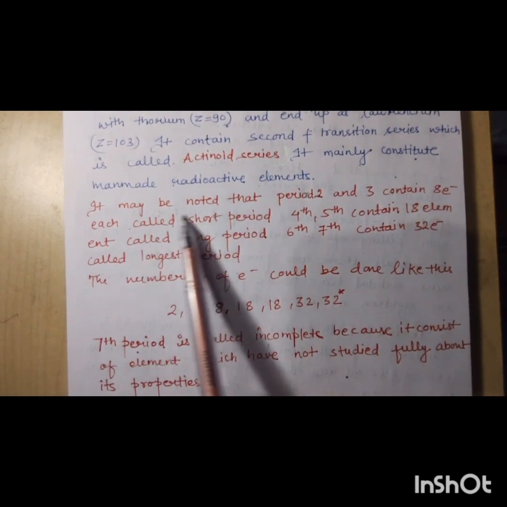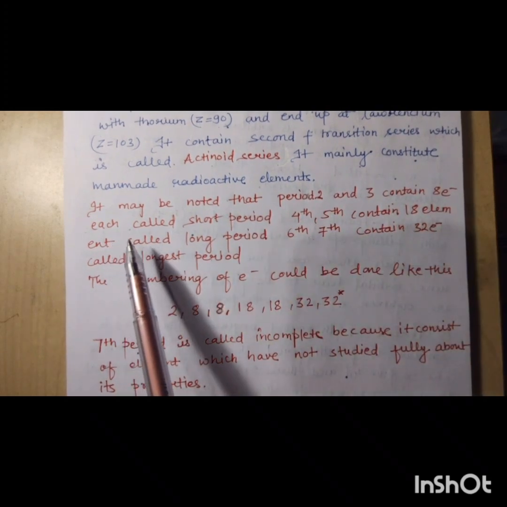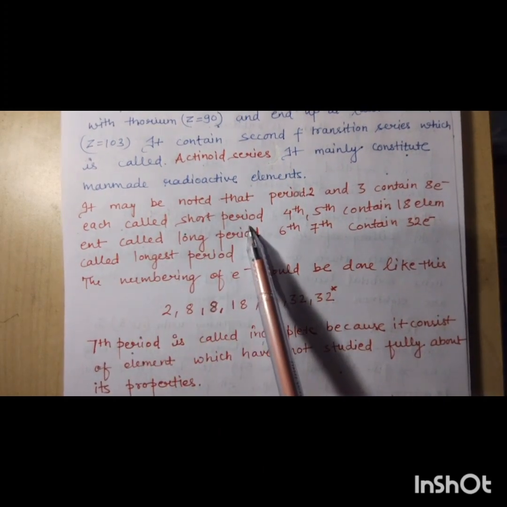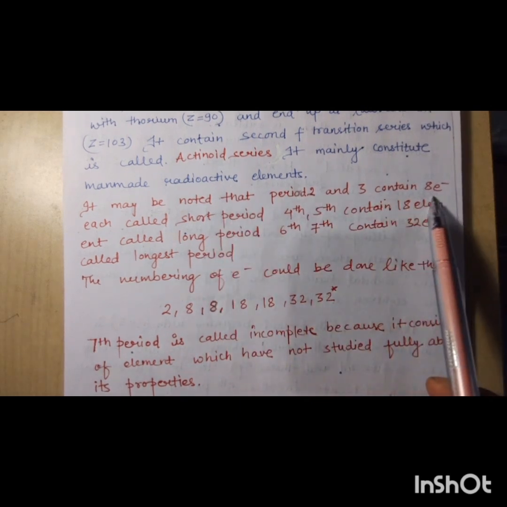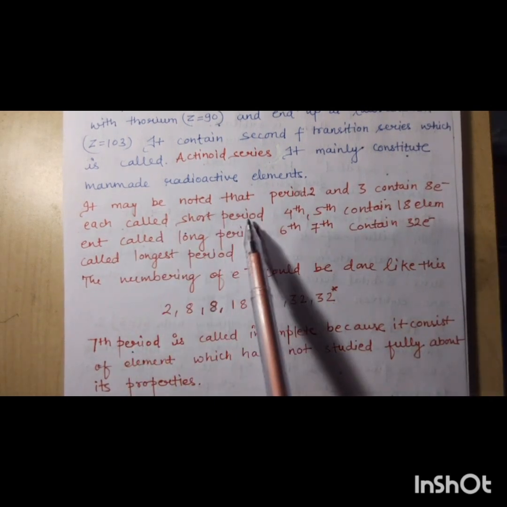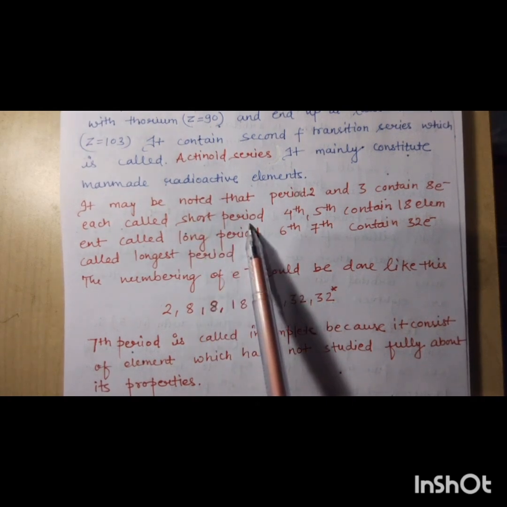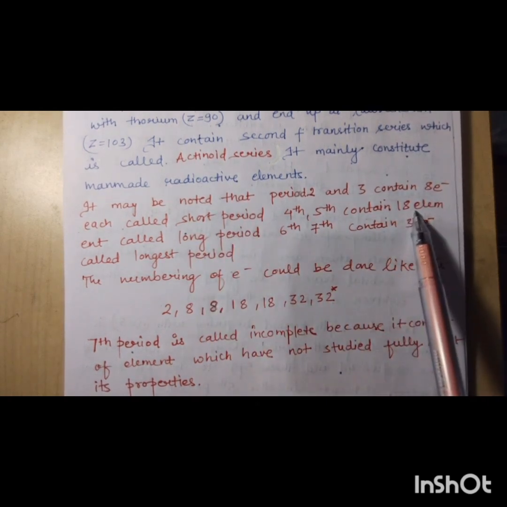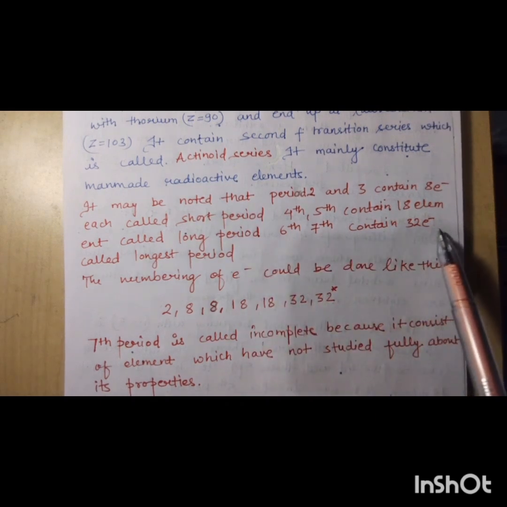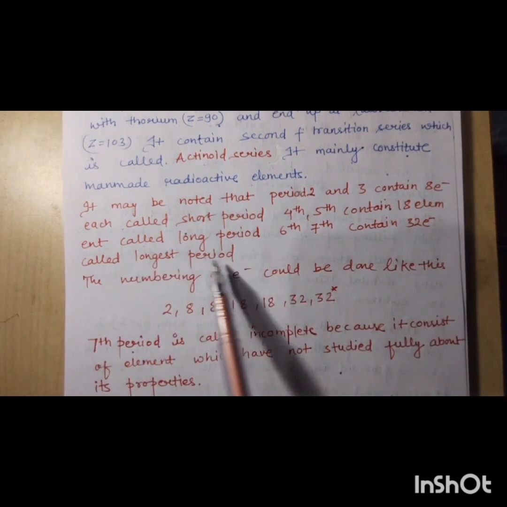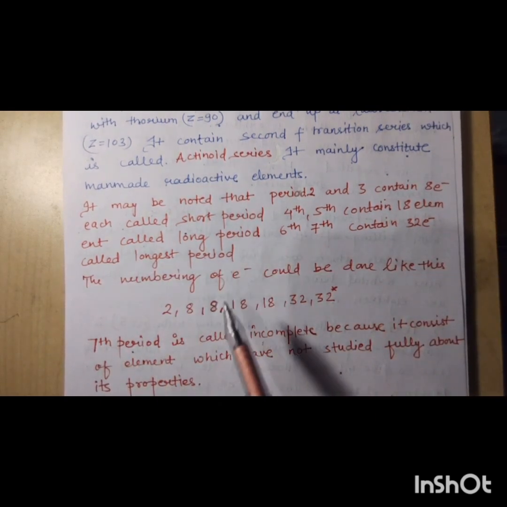It may be noted that periods 2 and 3 contain 8 electrons, called short periods. The 4th and 5th contain 18 electrons, called long periods, and the 6th and 7th contain 32 electrons, called the longest periods.